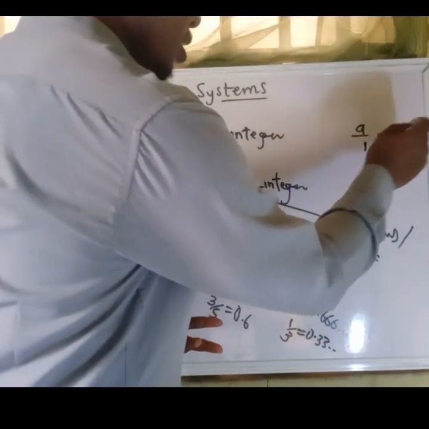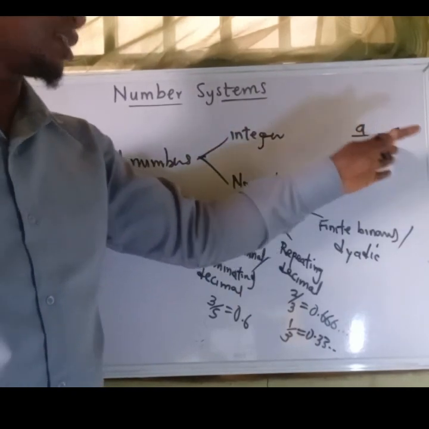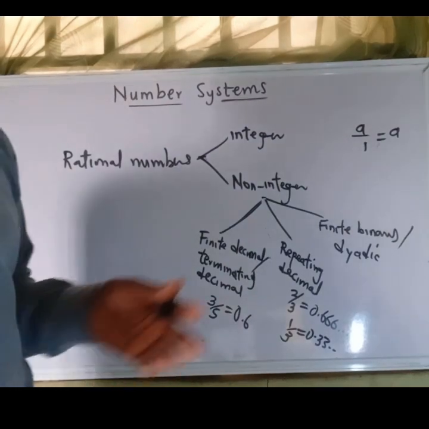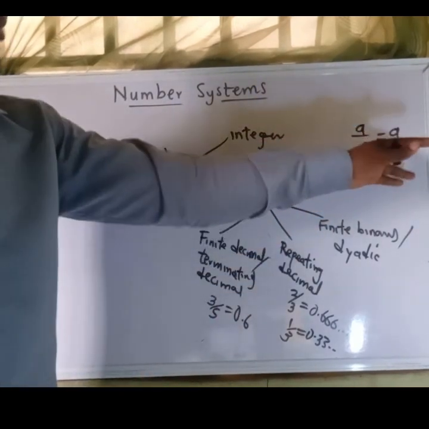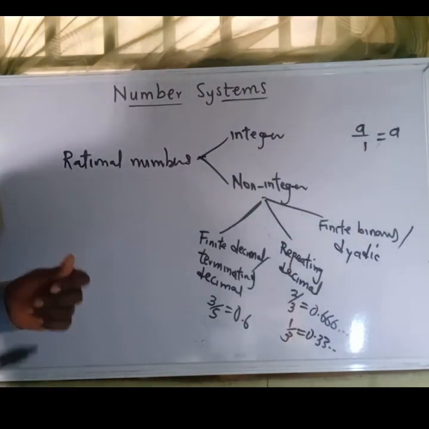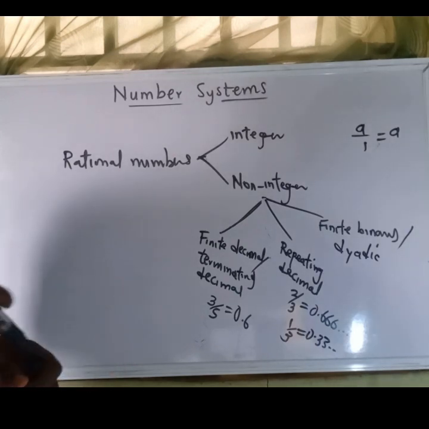Any number a divided by 1 is a. These are the numbers that we can call the integer numbers. So we refer to these types of numbers under the rational numbers as embedded integers, or embedded fractions.